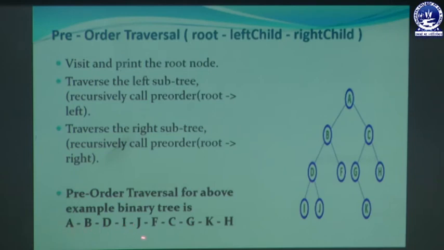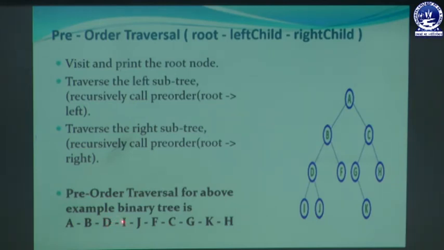This is the result for traversing all the nodes present in the binary tree by using pre-order traversal. In pre-order traversal, first the root node A is visited, and then we visit the left subtree of the root node A, that is B is visited, and again we visit the left subtree for the node B, that is D is visited, and then again we visit the left subtree for the node D, which is I is visited.